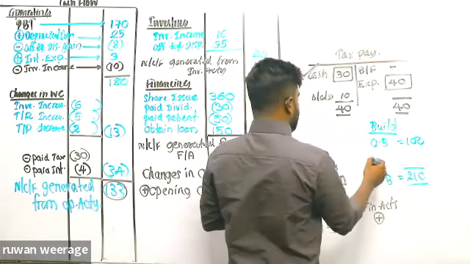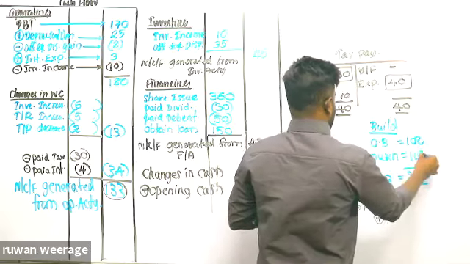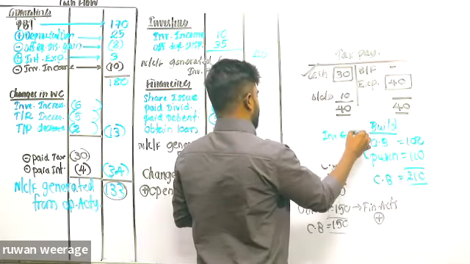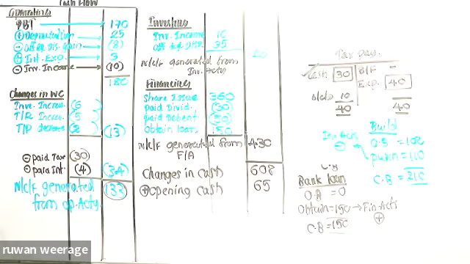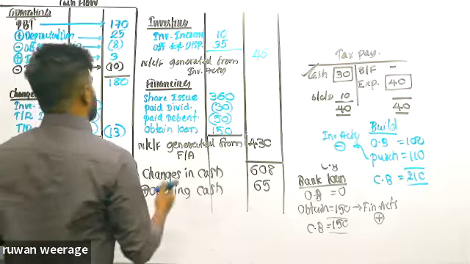Why does building increase? Because of purchase. Investing activity, minus. Yes. Minus building purchases.